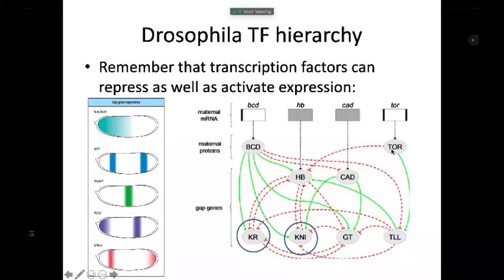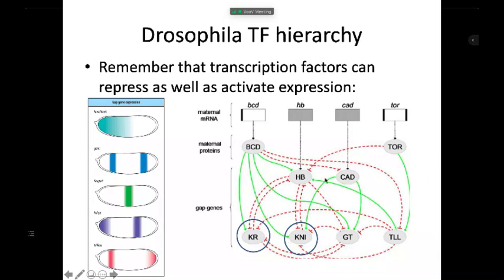and torso. And we can see here that bicoid activates the transcription of the gap genes cripple and knirps, but we also find that hunchback can inhibit the expression of these gap genes.